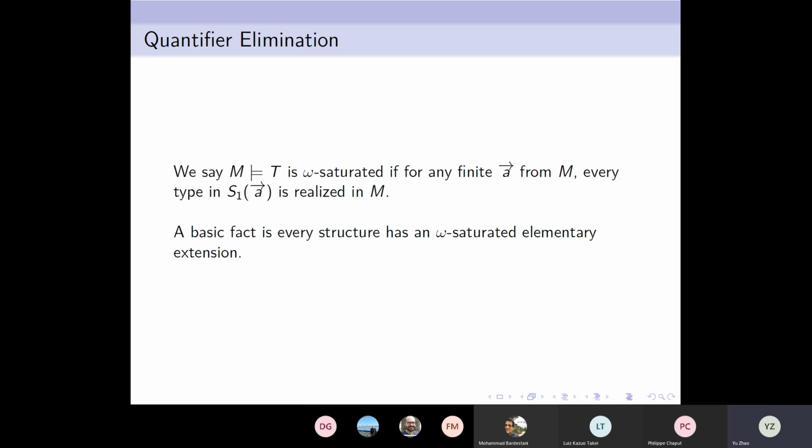Then, because it is omega saturated, for any set of polynomials, because it can be realized in M, that means we can find a common solution. So this is what it means.